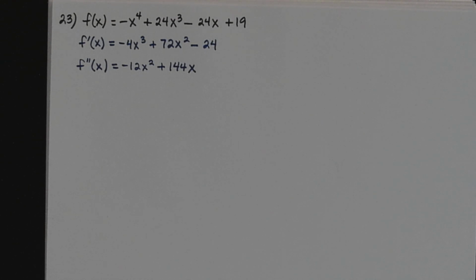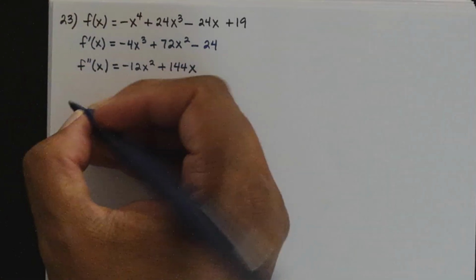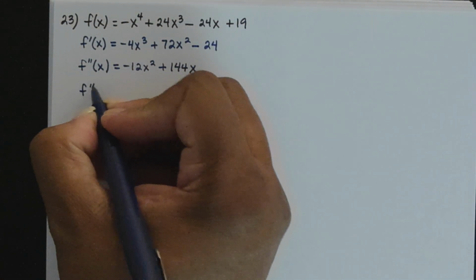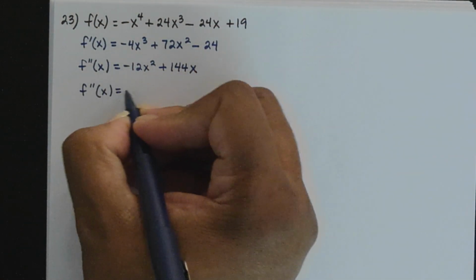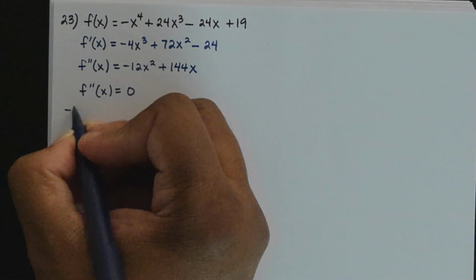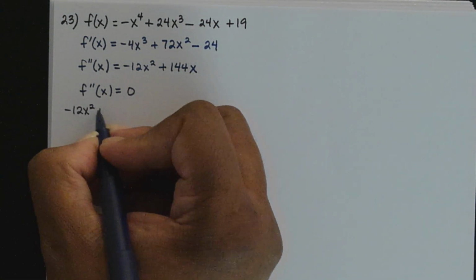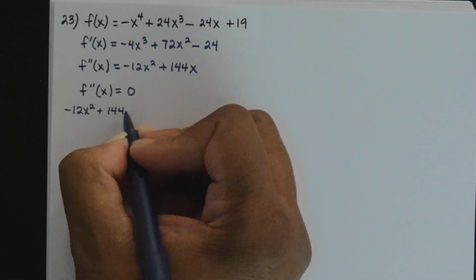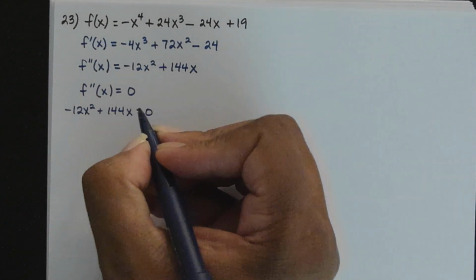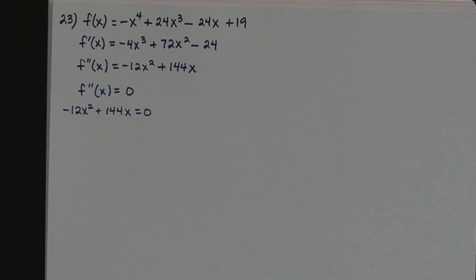Now, when you're finding your possible inflection points, you take f double prime of x and set it equal to 0. So that means I have negative 12x squared plus 144x equal to 0. Let's factor something out of negative 12x squared and 144x. What can we factor out?